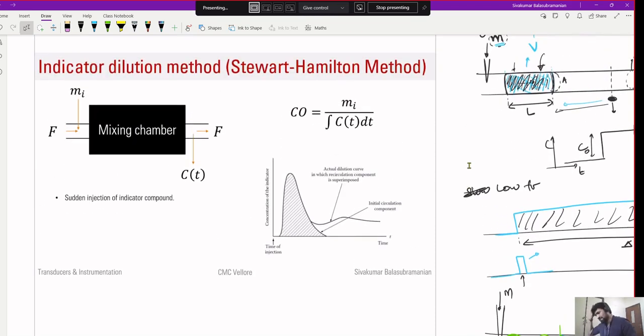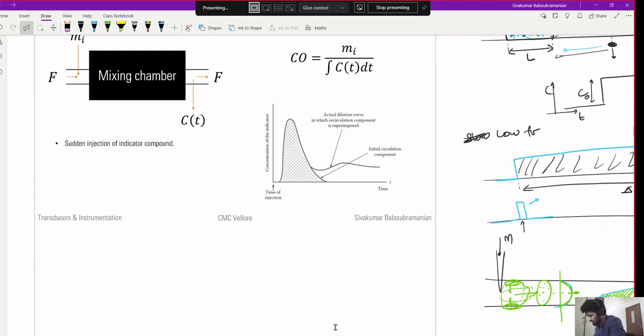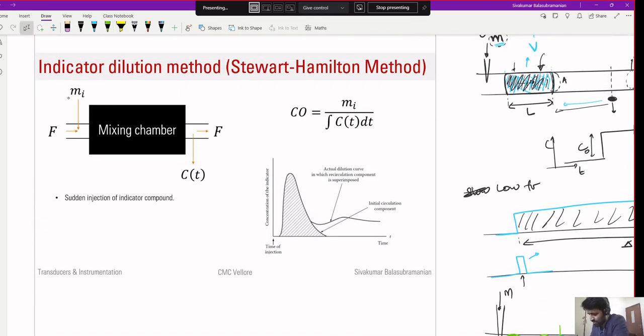There are a few things we have to be careful about with this method. If you're introducing a dye into the blood, you have to make sure that it is not toxic and does not react badly with the tissue or the blood. We also have to make sure it is not quickly cleared by the blood.